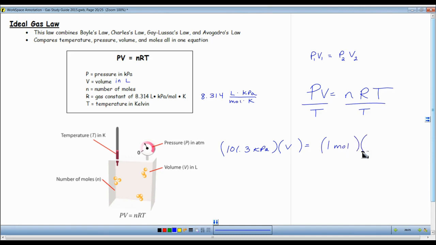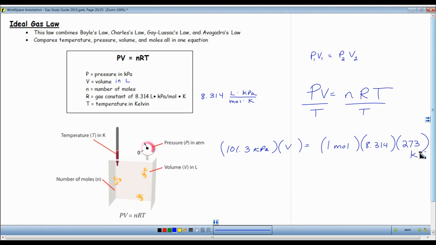R is the gas constant, 8.314. And T is temperature, but it has to be in Kelvin. So standard temperature is, I can squeeze it in here, 273 Kelvin. So all I did here is plug into PV equals nRT, the ideal gas law, the conditions at STP, standard temperature, standard pressure, and I'm solving for the volume of 1 mole.